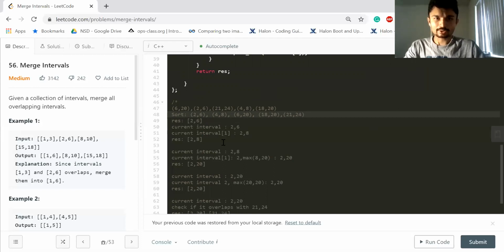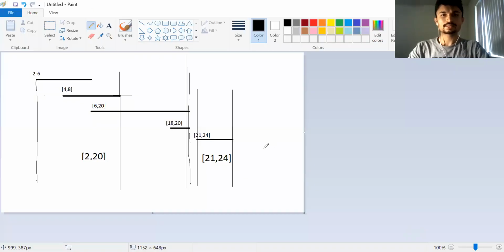So I want to visualize this particular example. Let's go to Paint and have a look at this. 2 comma 6 is this line, 4 comma 8 is this line, then 6 comma 20, 18 comma 20, and 21 comma 24.